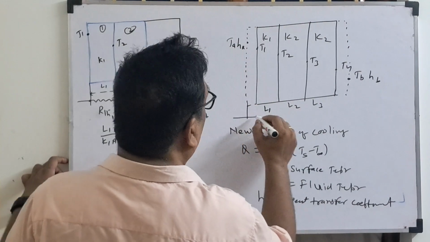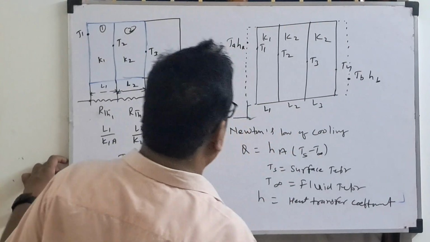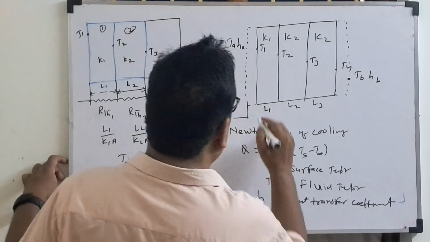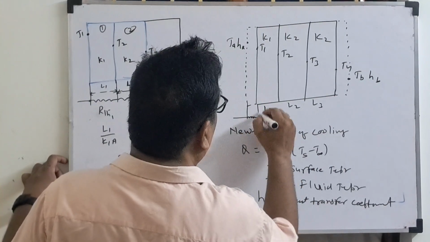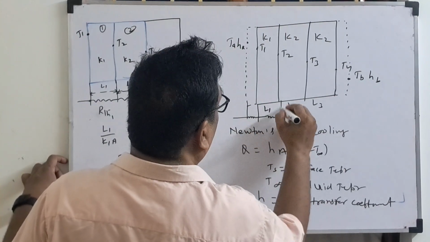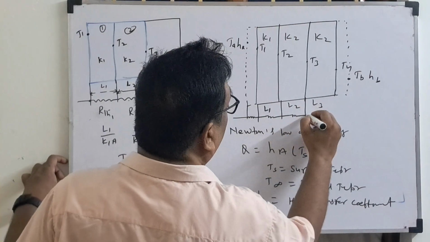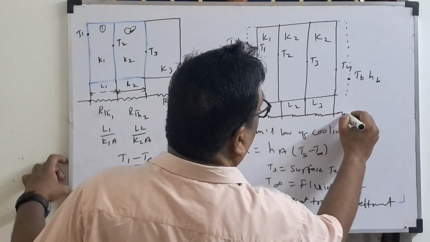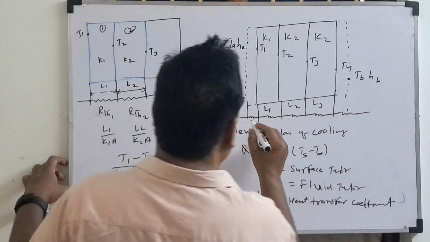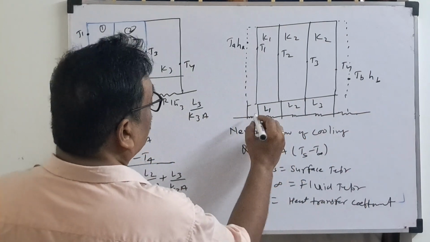See here, draw one line, here one circuit, here one circuit, here one circuit. Now see here, what is the thermal resistance here?